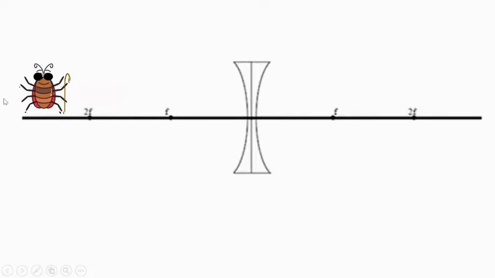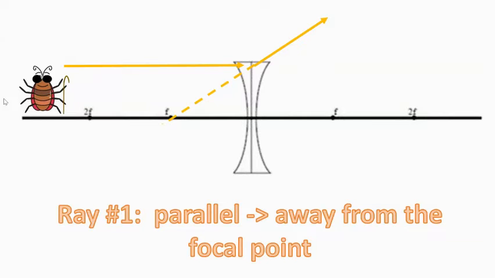So, there are 3 different rays that are commonly used with concave lenses to see what is going on with the object and image. First one is a ray that is parallel to the axis. And that type of ray is important because when that type of ray hits the lens, it is bent so that it goes directly away from the focal point on the object side.